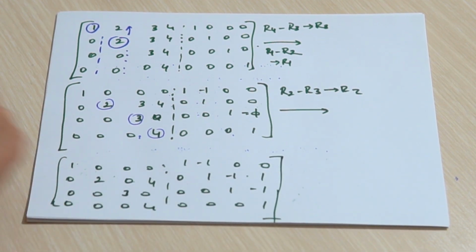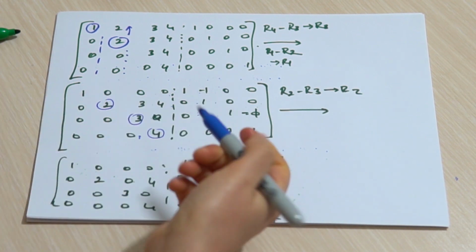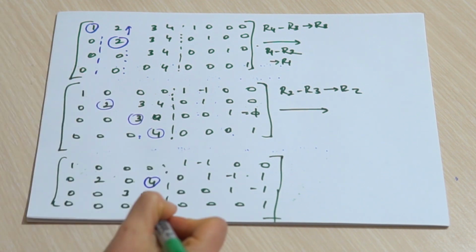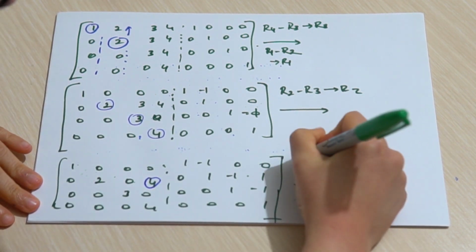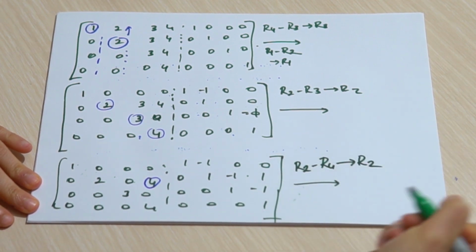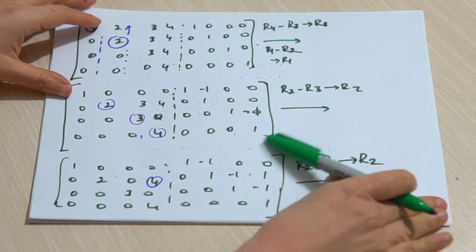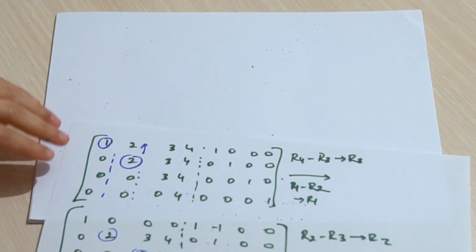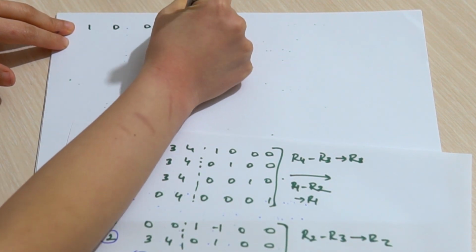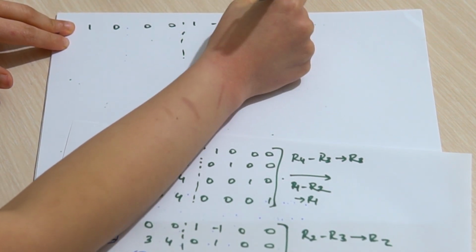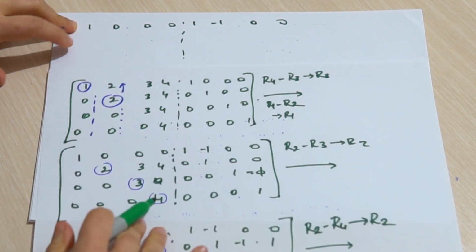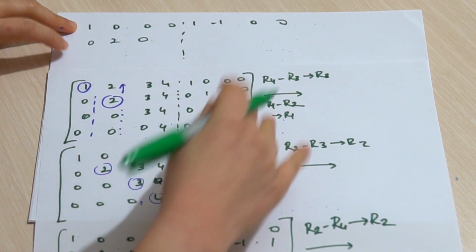Now here, again we only need to get rid of this 4. So to get rid of this 4, I can add minus row 4 to row 2. So I will have here 1, 0, 0, 0, 1, minus 1, 0, 0, and here I will have 0, 2, 0.